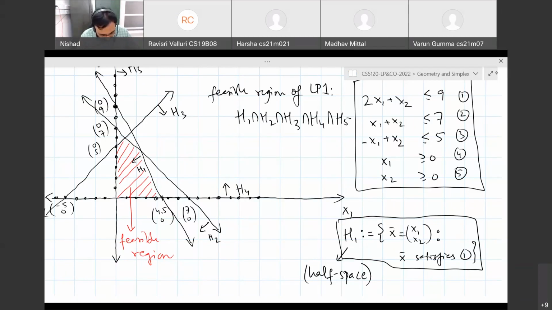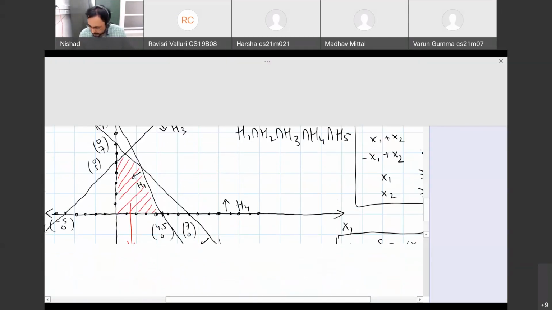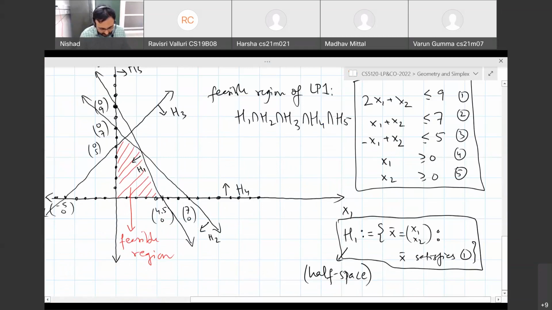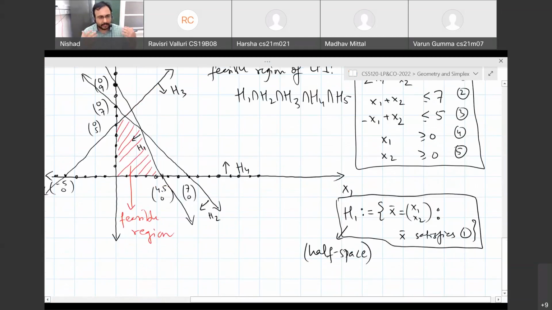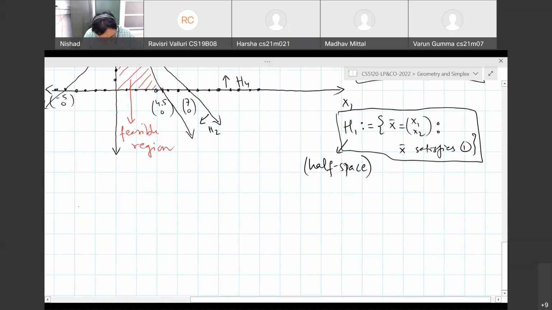Okay, good. So let's put down some definitions to make all of this a bit more rigorous. I wanted to start with an example so that you can visualize what's going on. All right, so a half space.